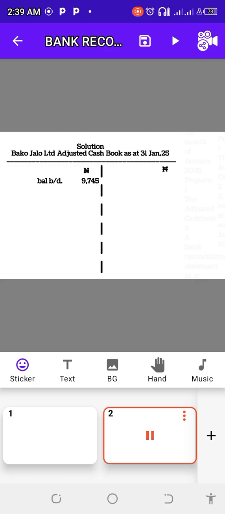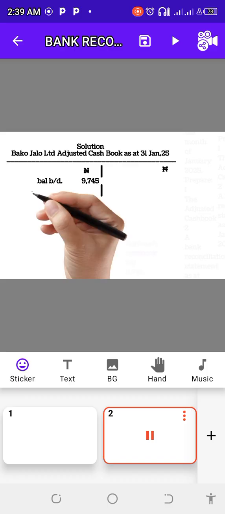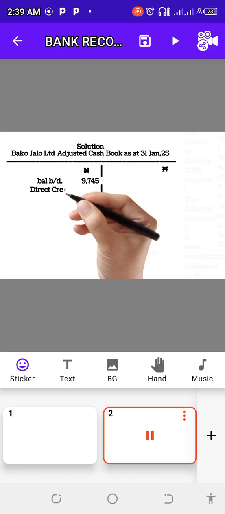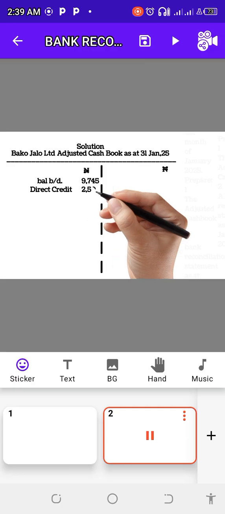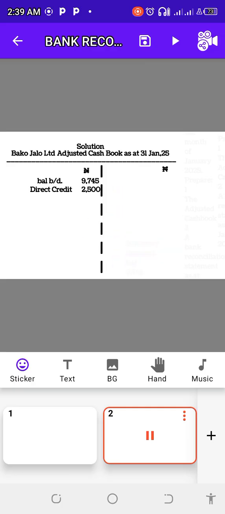The direct credit, which is an insurance premium, was 2,500, and that is direct credit paid into the bank. Direct credit is 2,500.